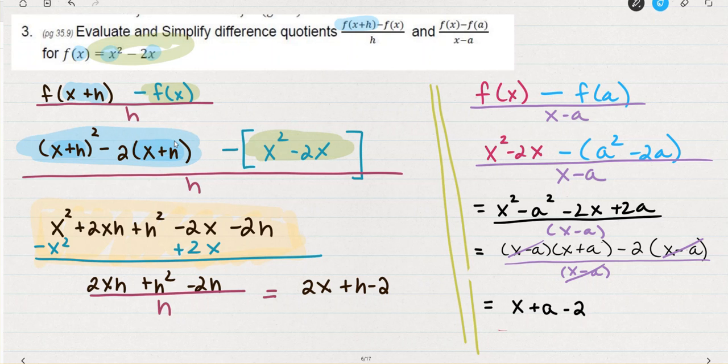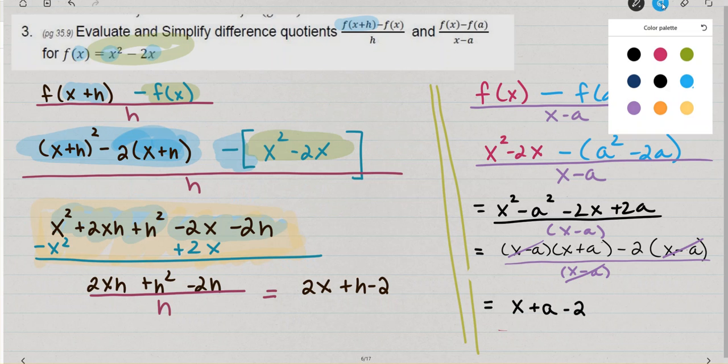If I expand that, I'd have x squared plus 2xh plus h squared. That's x plus h times x plus h. Negative 2x times x, negative 2x times h. So distribute that negative. Gives me negative 2x minus 2h. What I'm going to show here is vertically showing this subtraction.